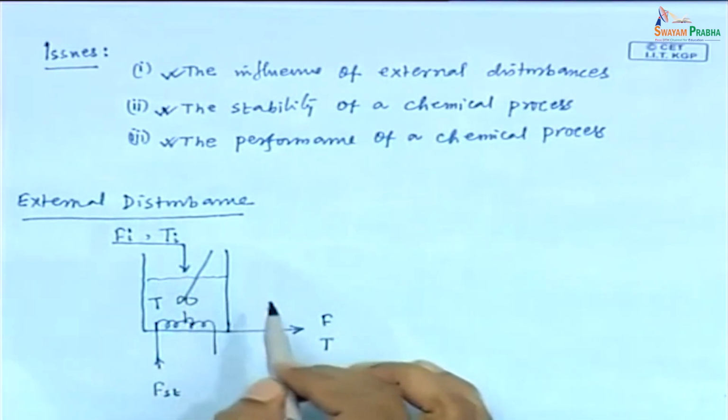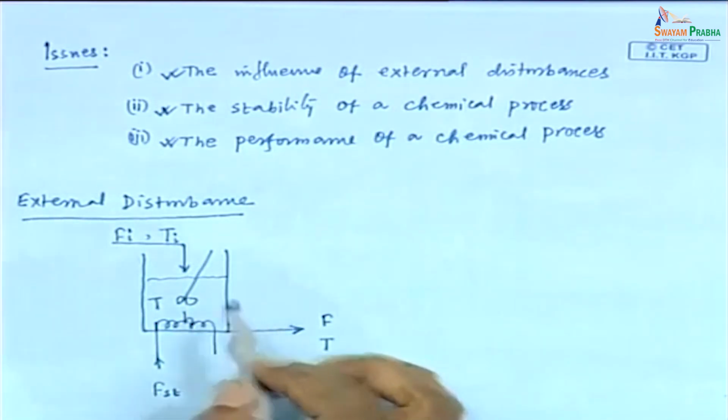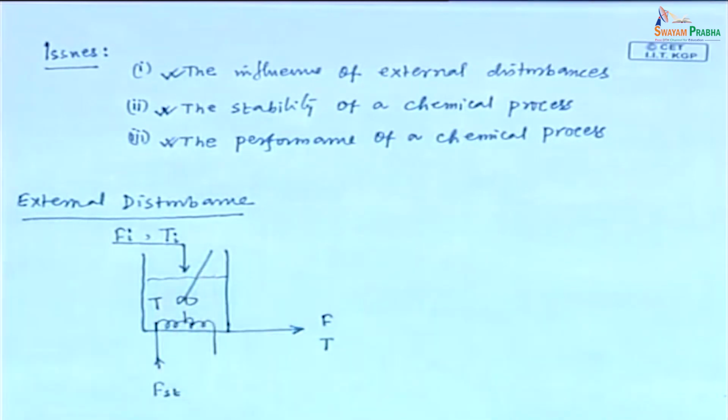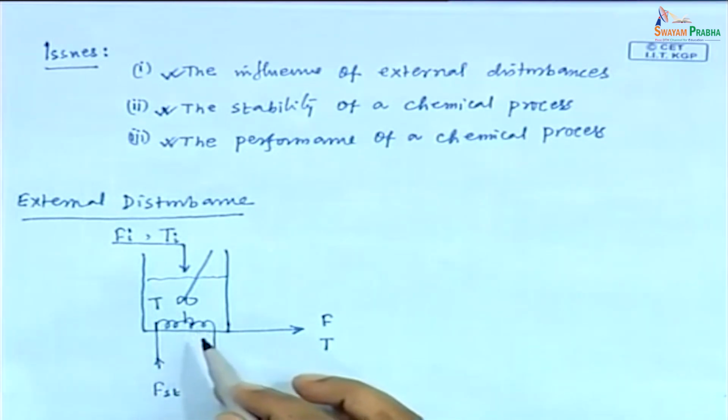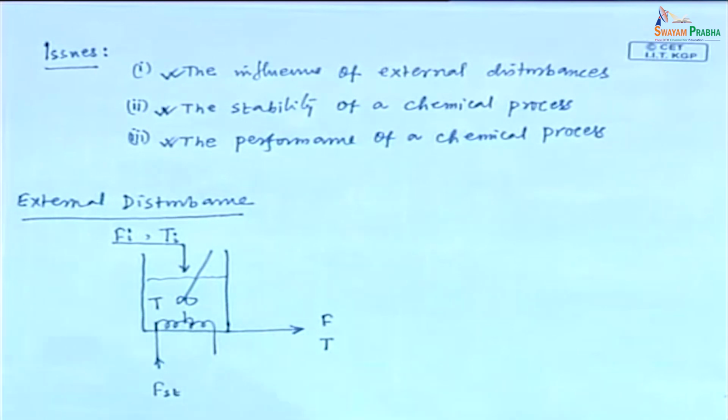A liquid is entering the process with flow rate Fi and temperature Ti. The outlet flow has the rate of F and temperature T. One coil is introduced for heating the liquid, and through the coil steam is passing with a flow rate of Fst.